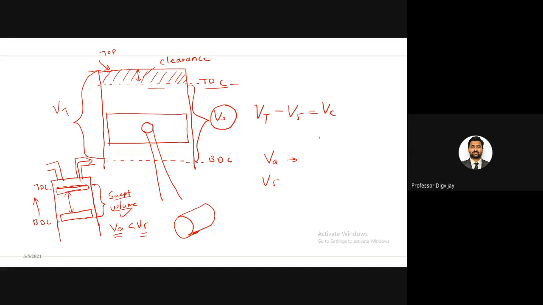When the piston is at top dead center and has started moving in the downward direction, theoretically that valve should open and air should start flowing inside the cylinder. But this does not happen.